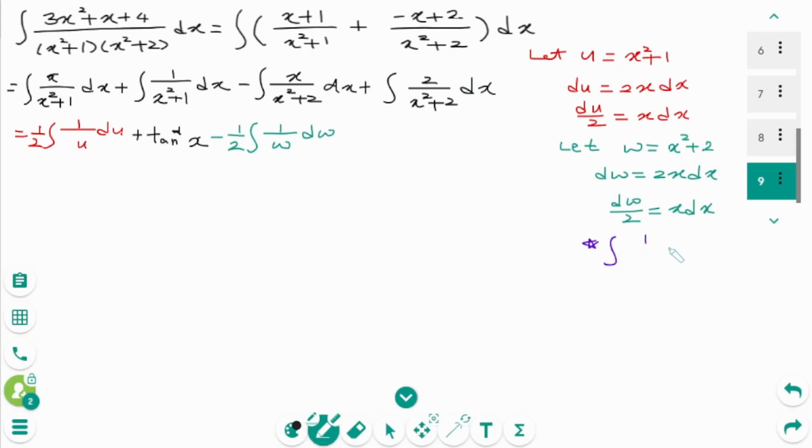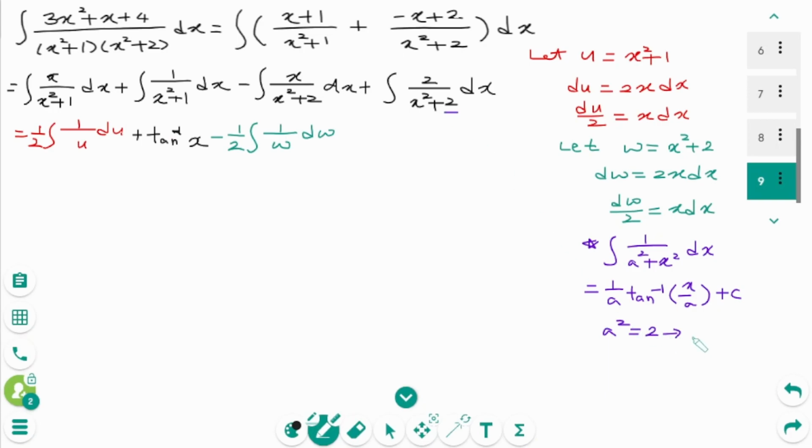The integral of 1 over a squared plus x squared dx equals 1 over a arctangent of x over a plus c. In here, a squared is 2.